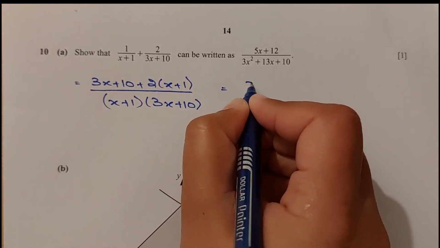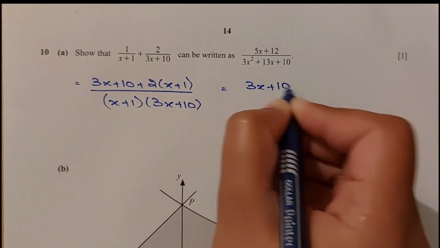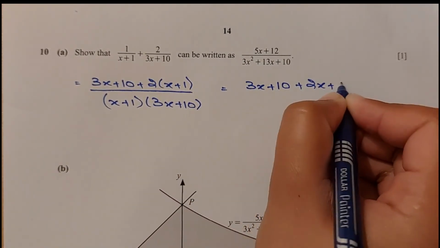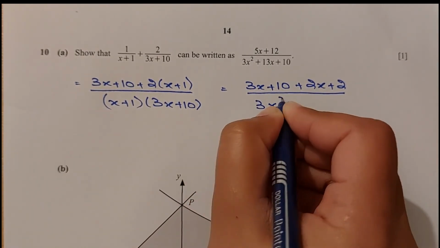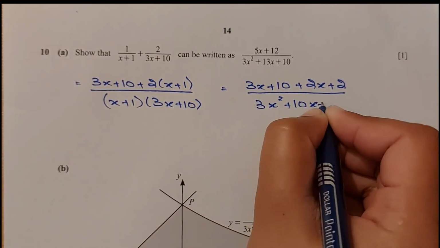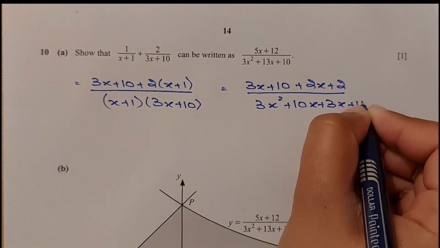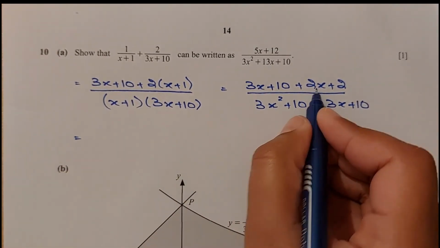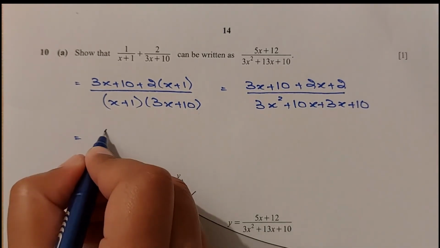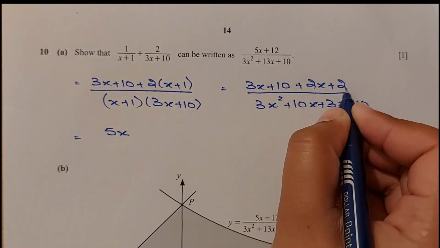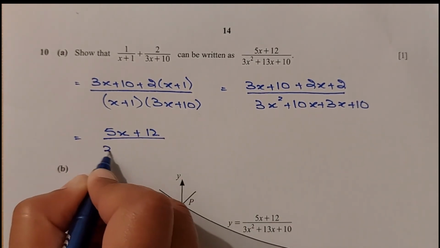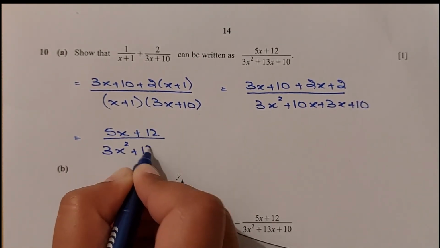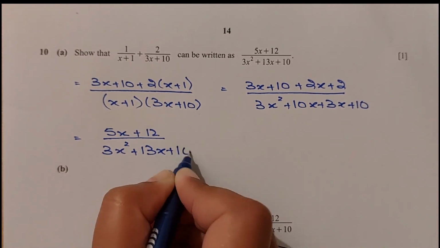And here we have 3x plus 10 plus 2x plus 2 divided by 3x square plus 10x plus 3x plus 10. So we have 3 plus 2 is 5x, 10 plus 2 is 12, divided by 3x square plus 13x plus 10.